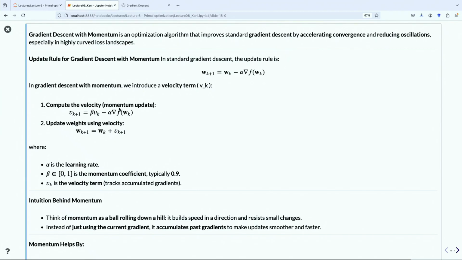I don't think a lot of this matches a physical system very well. But what I think is an interesting point that people bring up with momentum is that using this velocity term allows you to accumulate the effects of past gradients, right? Because the kth velocity is dependent on the gradient of the k minus 1 value.